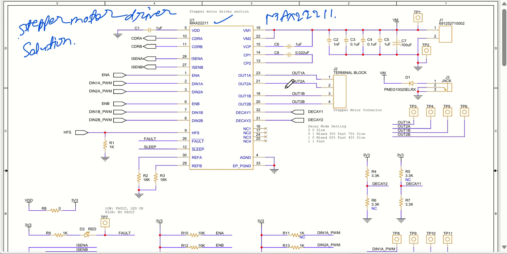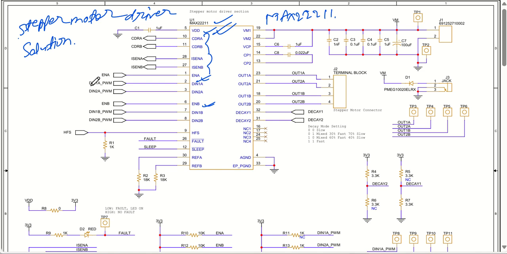As you can see, we have this particular stepper motor driver symbol. It is arranged in such a fashion that we have VDD, CDRA, CDRB, ISENSE A, ISENSE B. We have the enable pin of the first channel and the enable pin of the second channel.